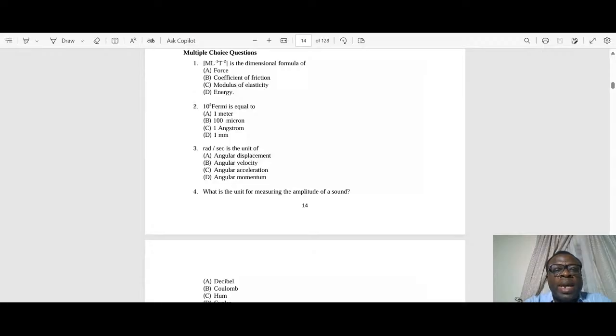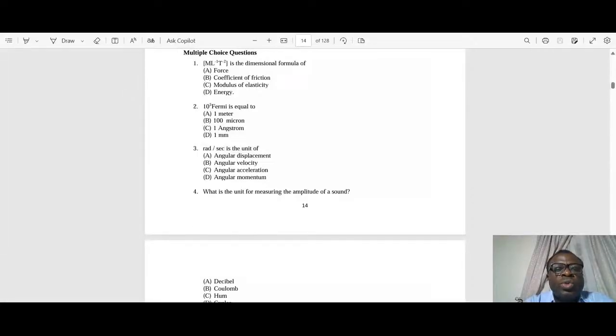Capital M, L raised to power minus 1, T raised to power 2 is the dimensional formula of, I take that again.